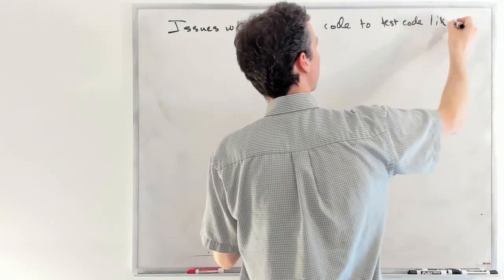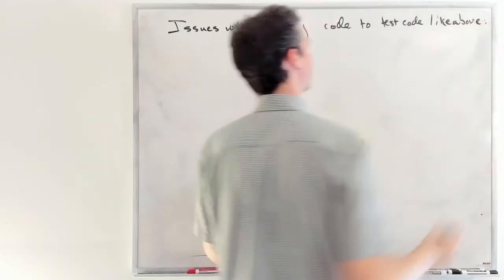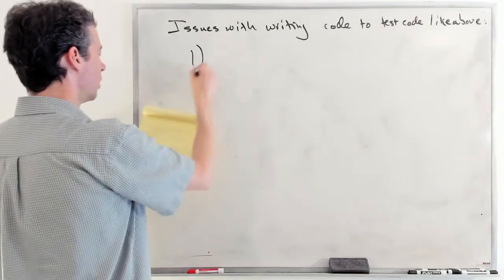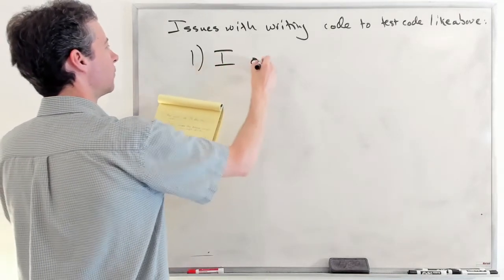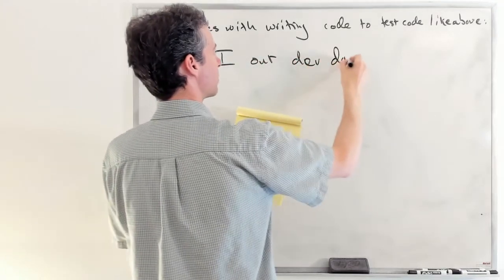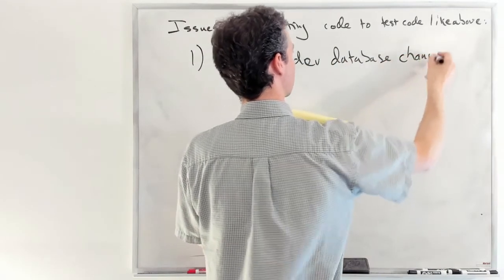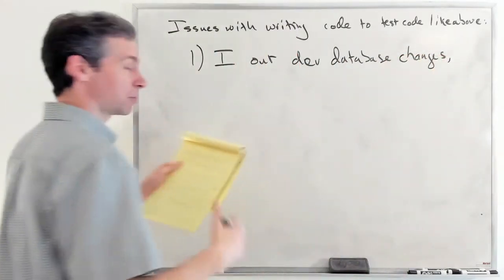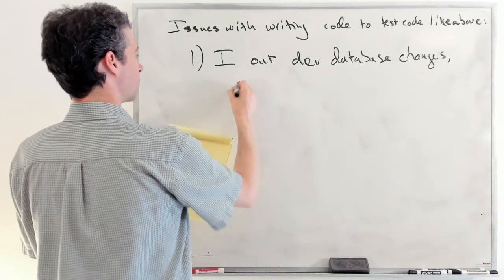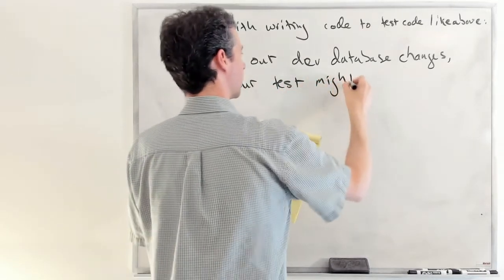I'll say like above, so that you know what I'm talking about, the example above, not in general about all code to test code, is one, if our development database changes, so whatever we've got in that development database, because maybe we're in console changing stuff, we change the seeds or whatever, our test might fail to work.